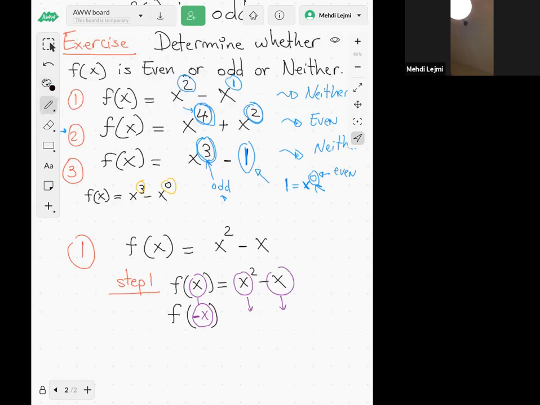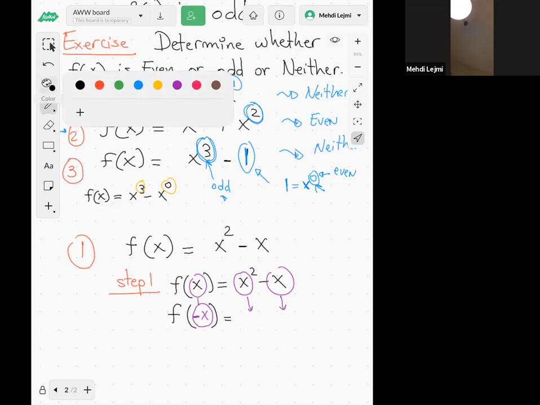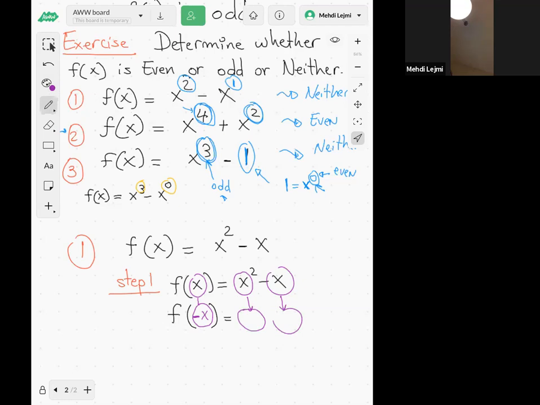This is minus x here, and there's a minus x here. There's a square, and there's also this subtraction here.